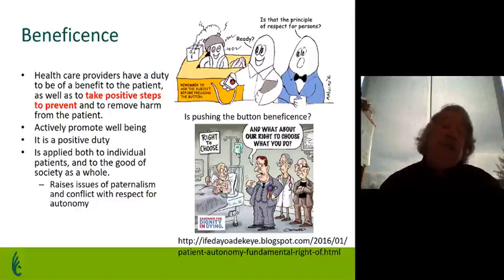Autonomy would say it's their own choice. But it is a harm, and benefits might tell me that I have an obligation to step in. Again, I have a couple cartoons for you to look at that raise some of the ethical dilemmas.